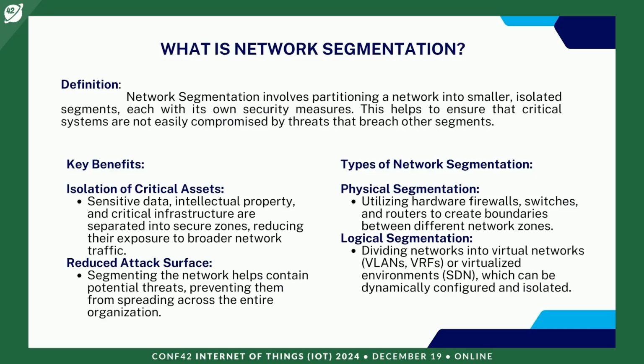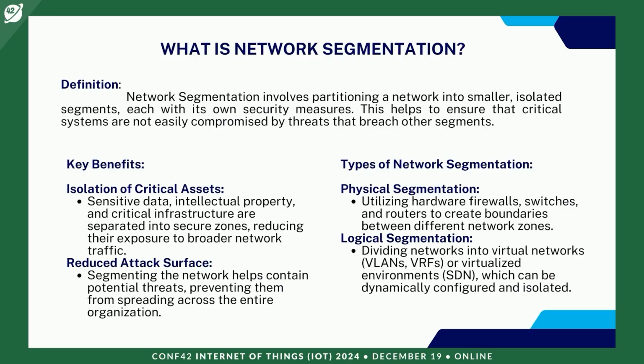Another modern-day example would be VRFs, or virtual routing and forwarding. That is very much in use to isolate your guest traffic from your corp traffic, and you can also use it to isolate your IoT traffic from your traditional enterprise traffic.